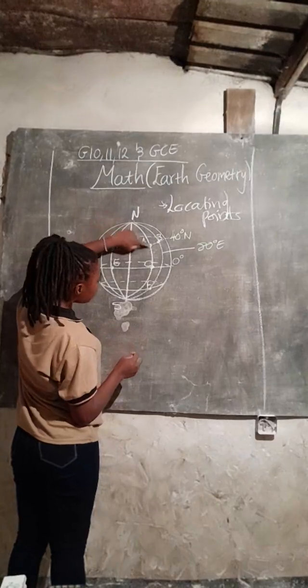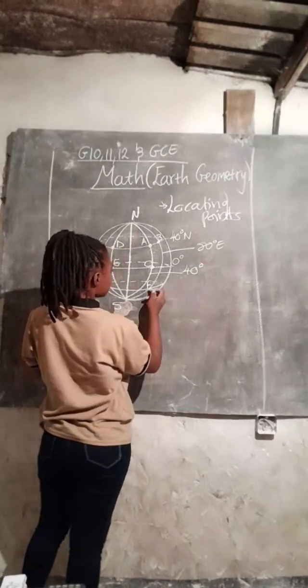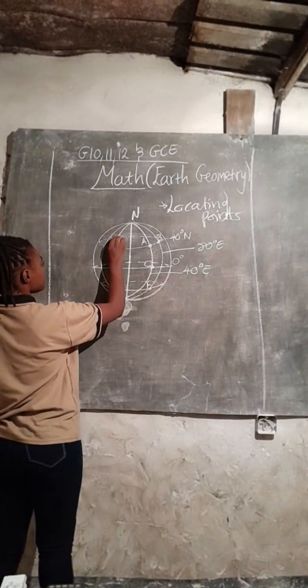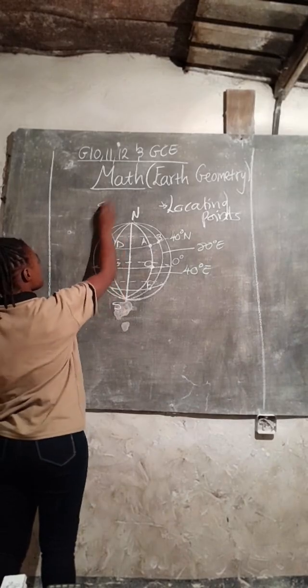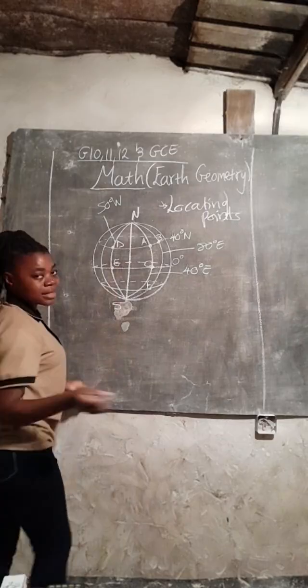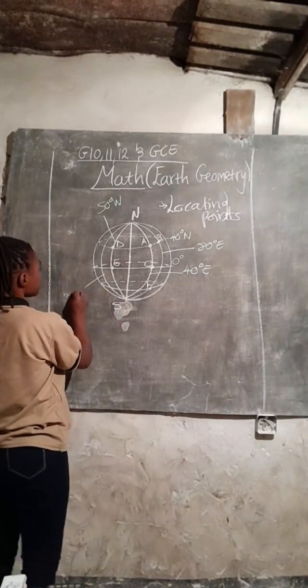Then this second line, let's say it is at 40 degrees east. This one, let's say, is at 50 degrees west. So I'm just coming up with numbers from my head, but we'll look at an exam question.